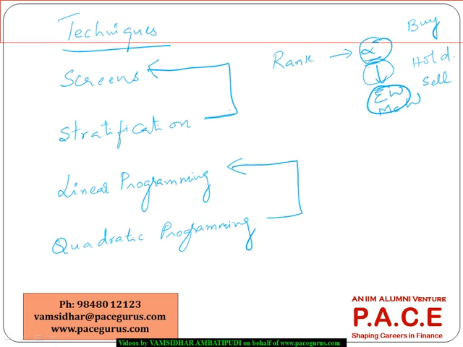But when I look at the stratification approach, it is slightly different. Here, it's the same as the screens, but initially the assets are stratified. Here, I would classify the assets, let's say, as small cap, mid cap, and large cap stocks. After that, in each stratified data, I will apply screens.